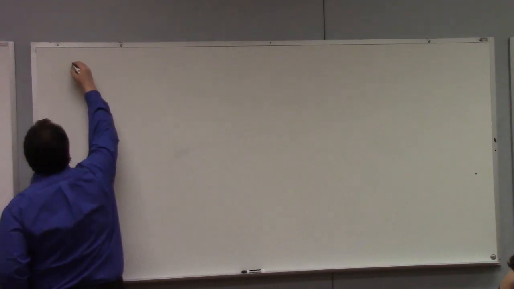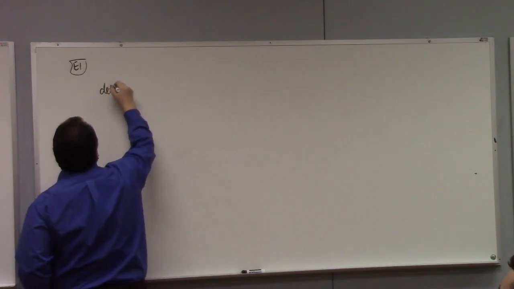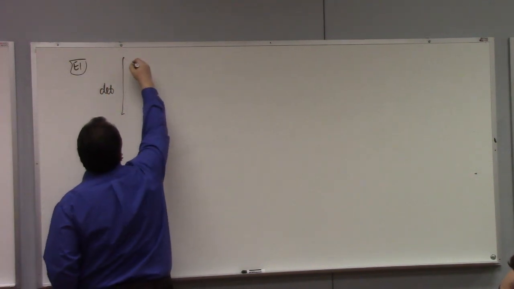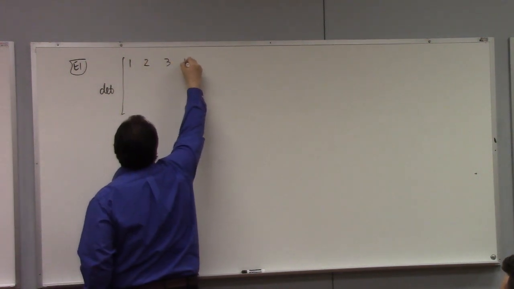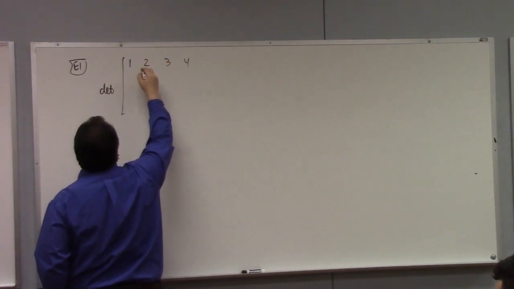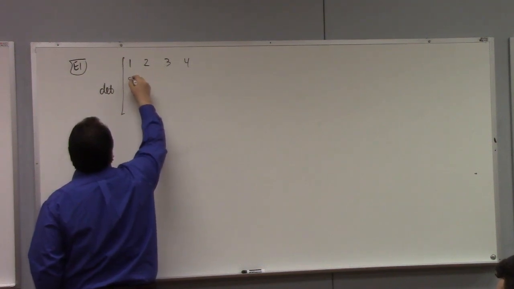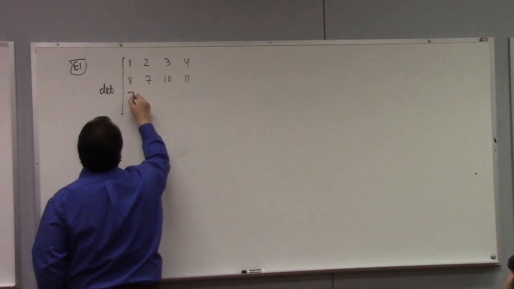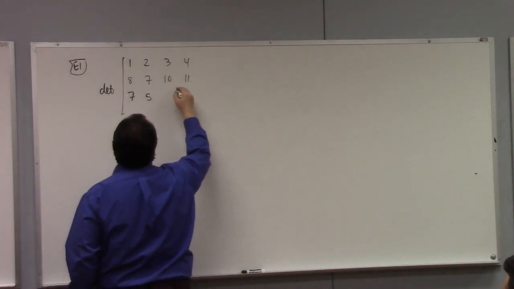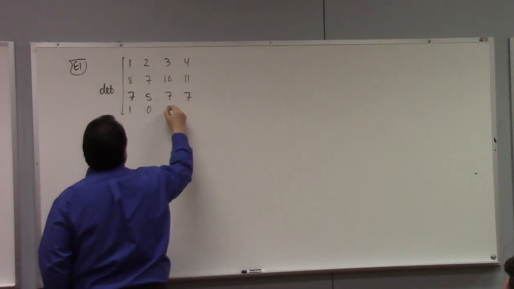Example 1, I suppose. Let's calculate the determinant of 1, 2, 3, 4, 8, 7, 10, 11, 7, 5, 7, 7, and 1, 0, 0, 1.